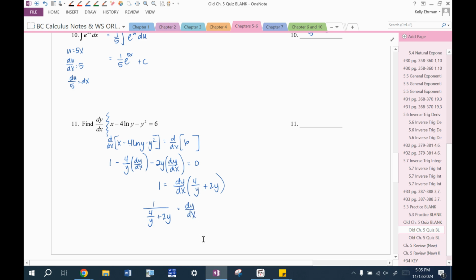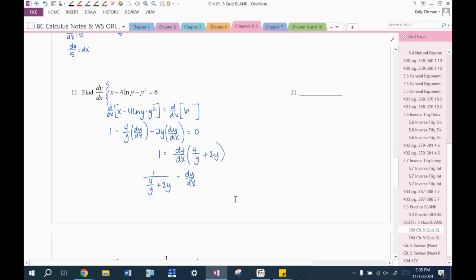If you're just plugging numbers into dy dx, like if the next part is, okay, and now find dy dx at a certain ordered pair, you don't have to simplify it. But if you're looking for the correct equation for dy dx, you need to know that to get rid of this complex fraction, you can multiply by y over y. We did that a lot in pre-calc. That makes this y on the top.